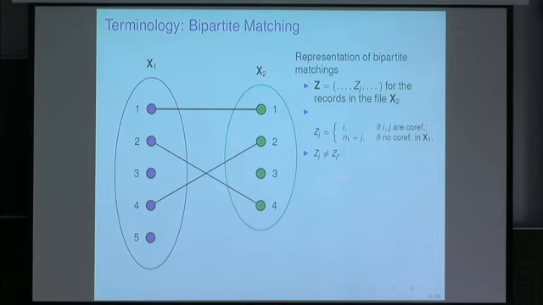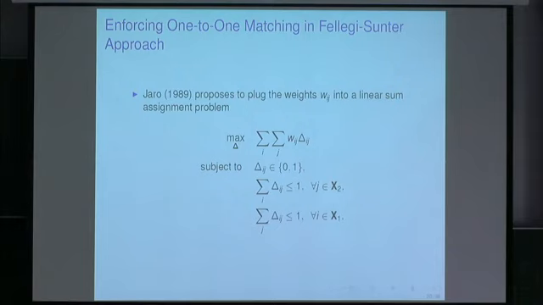And of course we ensure that the labels are different for all the records in the second file. So for example, here z1, the label for this first record is going to be equal to 1 because it matches to 1. The label for the third record is going to be 8 because it doesn't have a match, so it's 5 plus 3. So it's a very simple way of representing the bipartite matching.